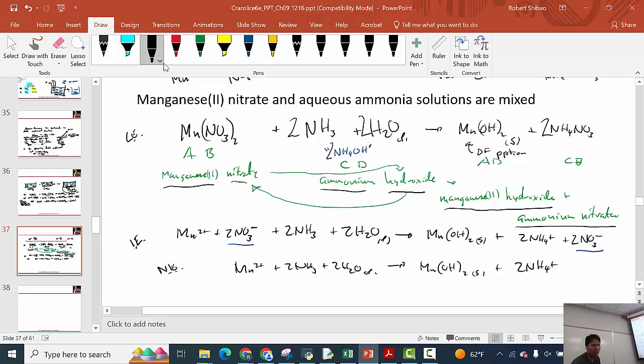They don't have to be 0. Just the charge on the left has to equal the charge on the right, which in this case it does. It's plus 2, and 2 times plus 1 is plus 2.